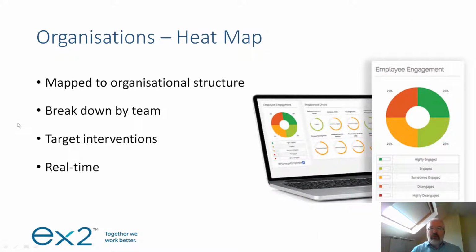So first and foremost, what does etimes2 look like? Here you'll see where it maps back against the structure of your organisation, and it gives feedback against 8 key engagement drivers.